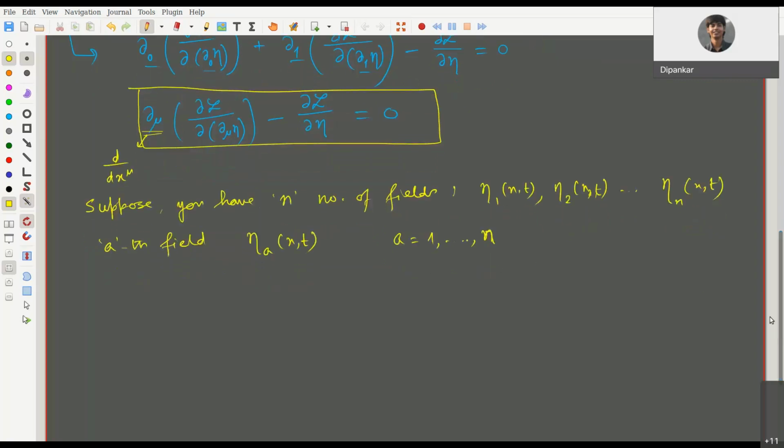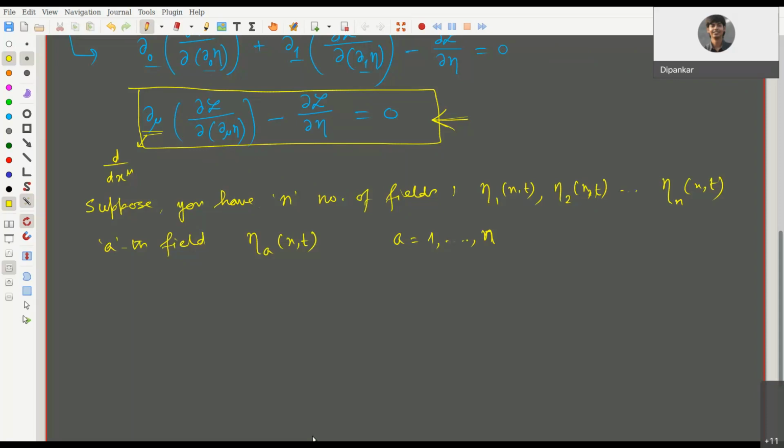Then for each of these fields you will have an equation of motion like this, so usually you have n number of equations of motion.